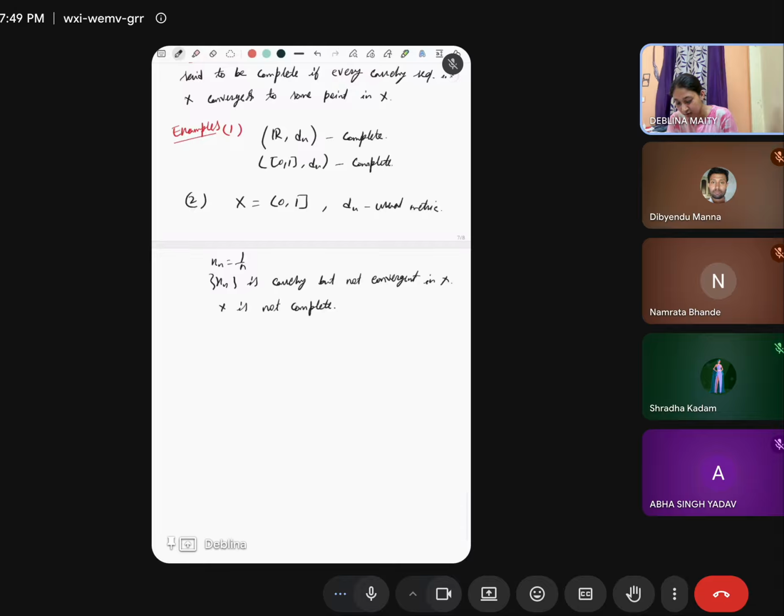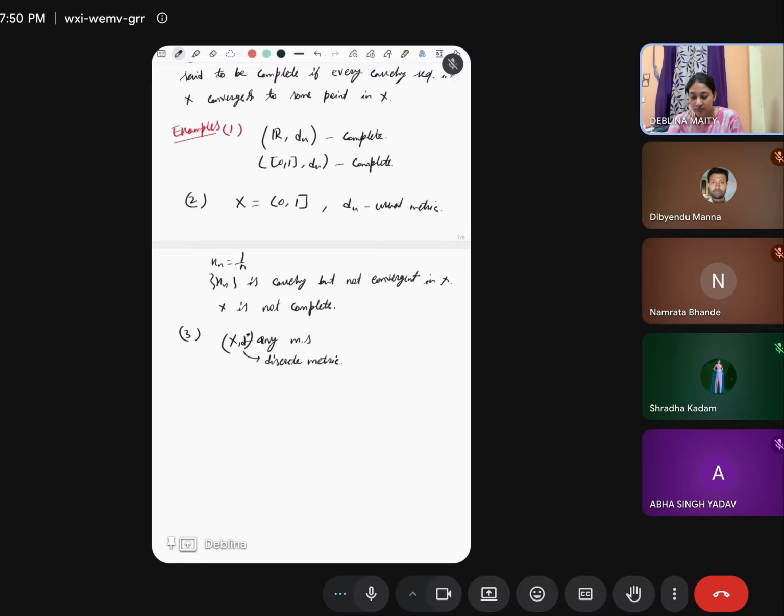Okay. So what about the discrete metric? Is it complete? Let X be any metric space with d star, the discrete metric.